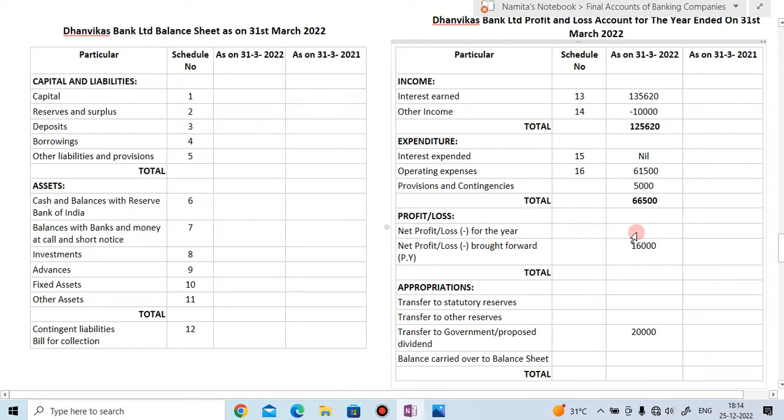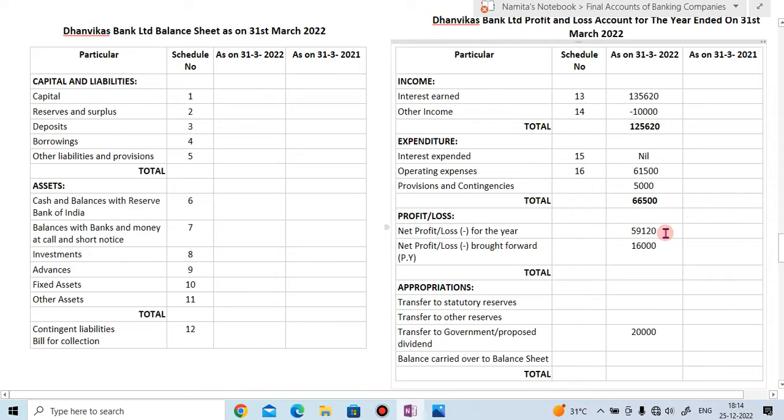So the net profit is how much? 59,120. Okay, how did I get the net profit? By minusing these two values. Okay, these two values, total of income and total of expenditure. So we will get net profit, right?